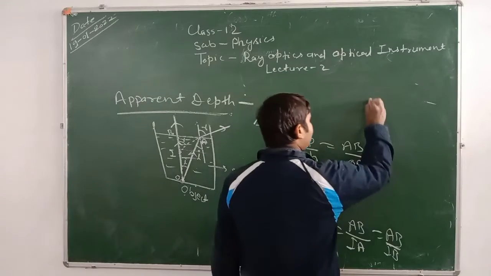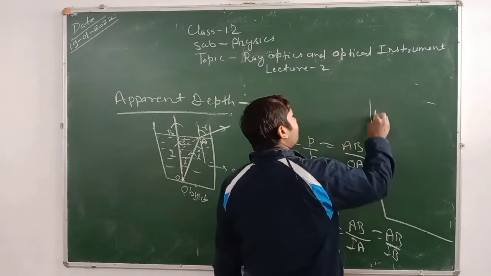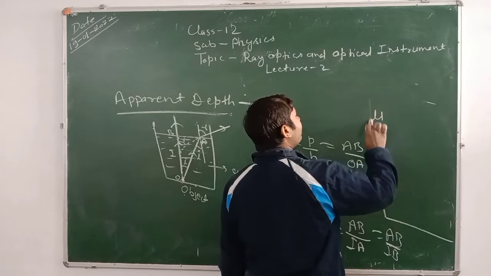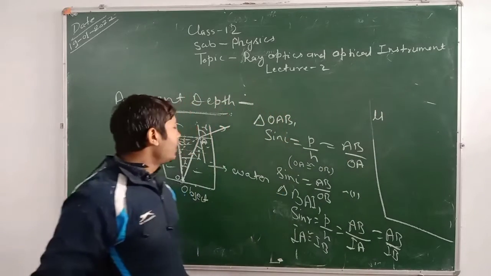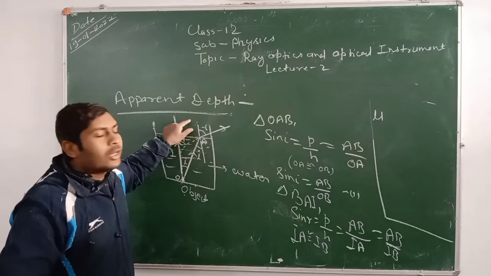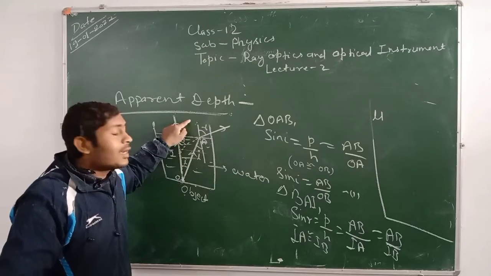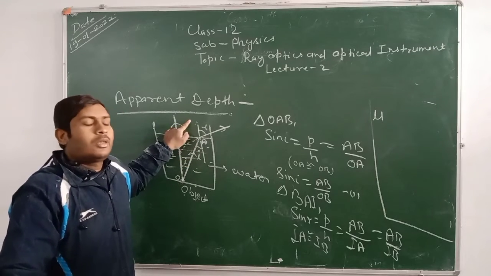Now, what is the refractive index? Apply Snell's law. Refractive index mu is equal to, light is moving from which medium to which medium? Look here. Light is moving from denser to rarer medium.